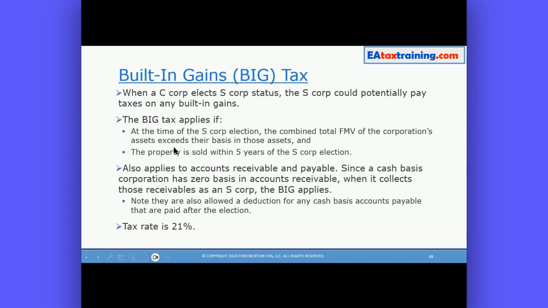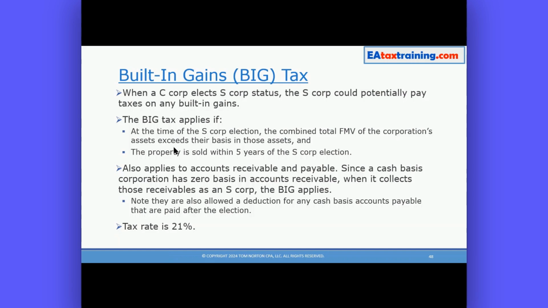So if you have a C Corp that has a bunch of appreciated assets, so the assets are worth more than the company's basis in those assets, the IRS does not want that C Corp making an S Corp election in order to avoid double taxation on the appreciation of those assets.